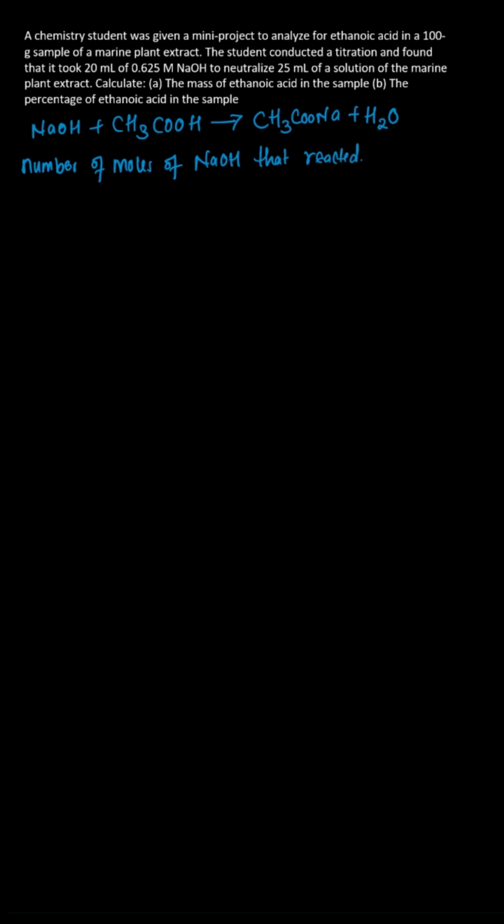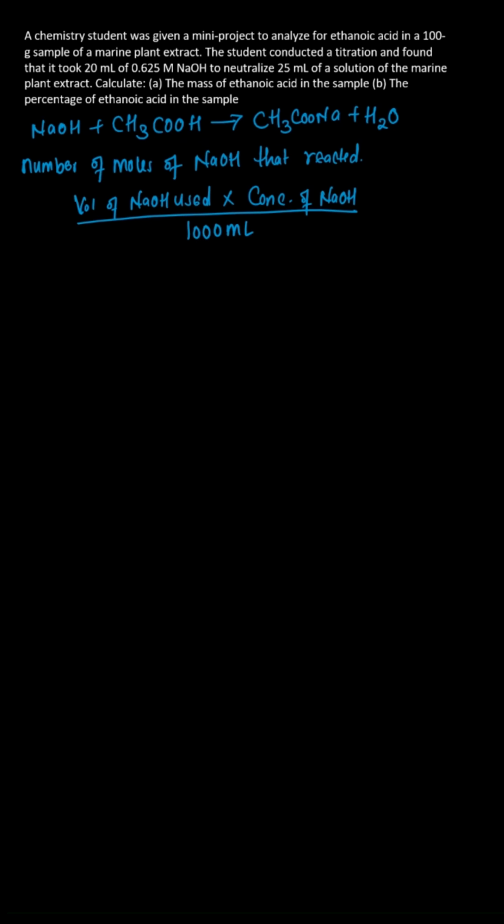Since the volume we used was 20 ml of a concentration of 0.625 molar, the number of moles we will get by the volume of sodium hydroxide used multiplied by the concentration of sodium hydroxide, divided by 1000 ml.